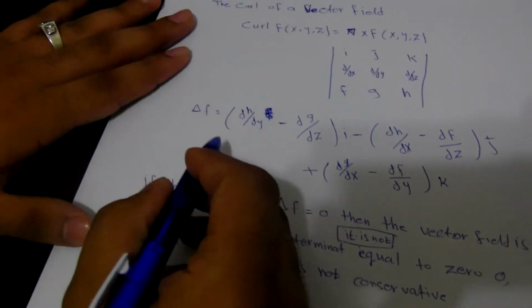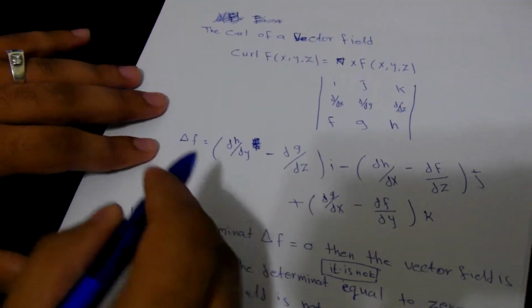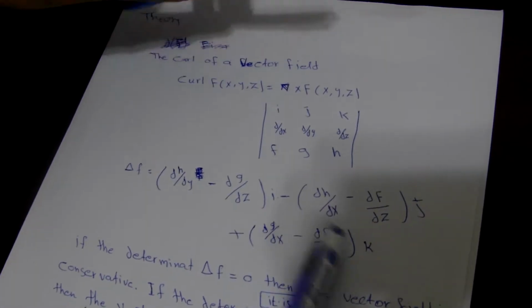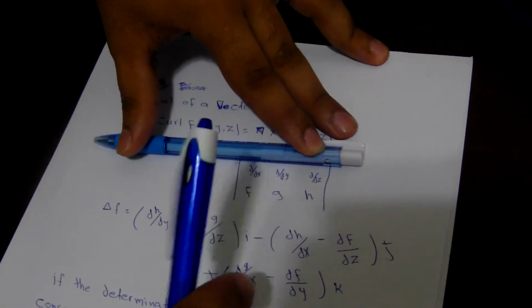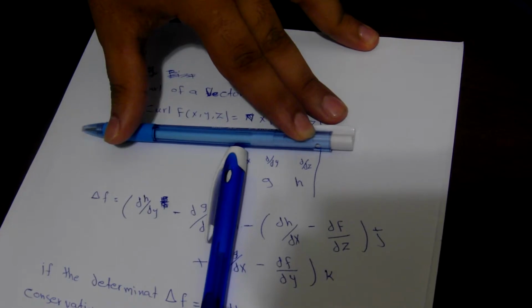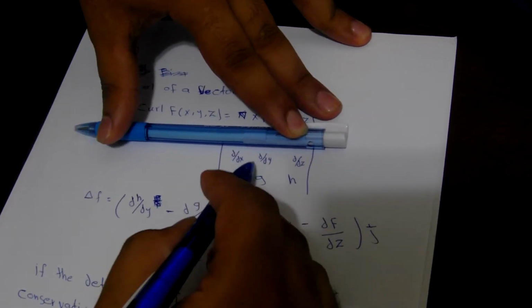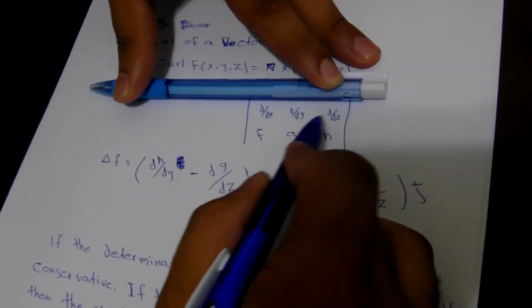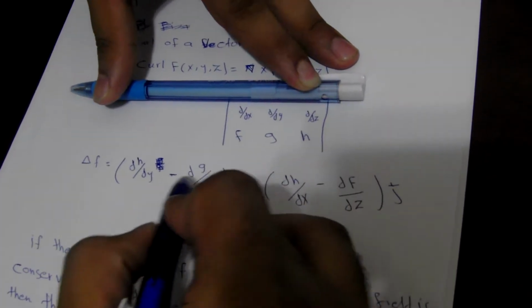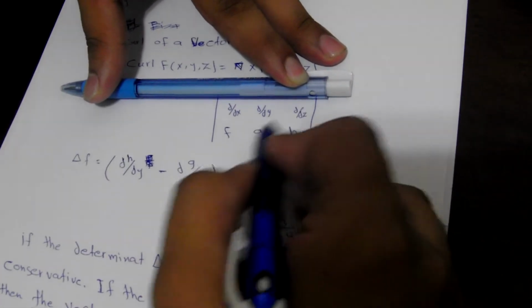When you find the determinant of the 3 by 3 matrix, you cross the first row and first column because we take i, and you get dH over dy minus dG over dz for the i.